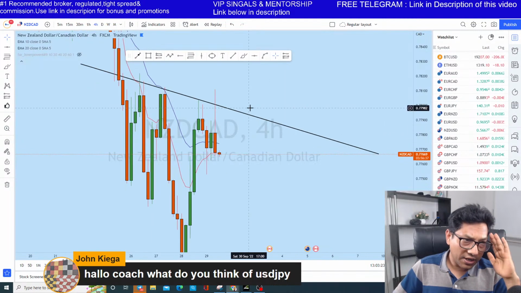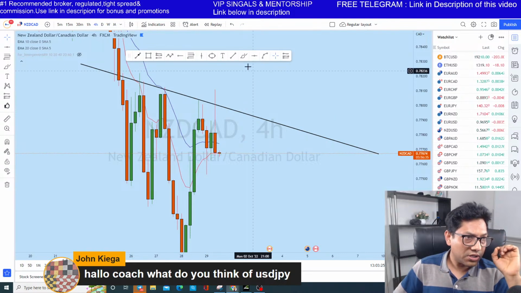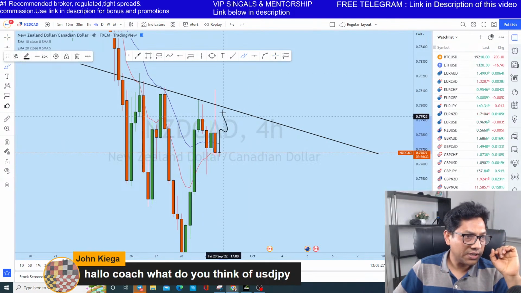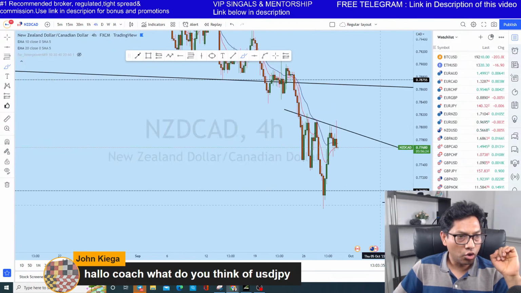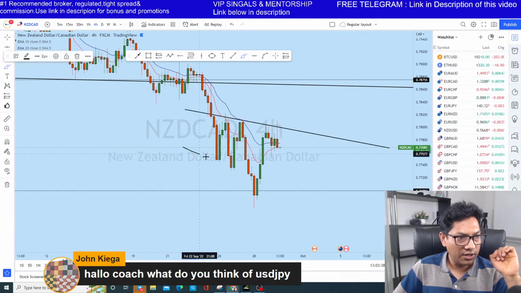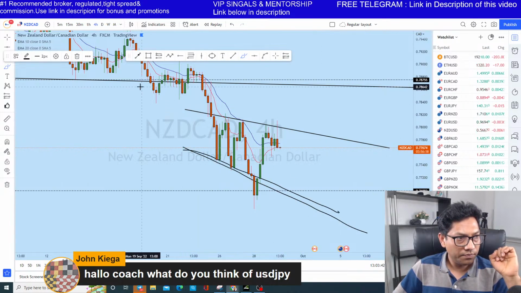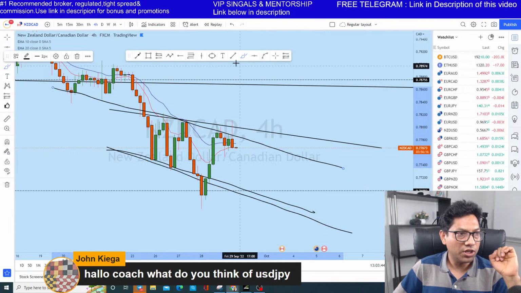Okay, during the news announcement, if we see this price has gone up, we might sell NZD/CAD along this zone. This could be a very nice place for shorting NZD/CAD. I think it will move along this channel, something like that.